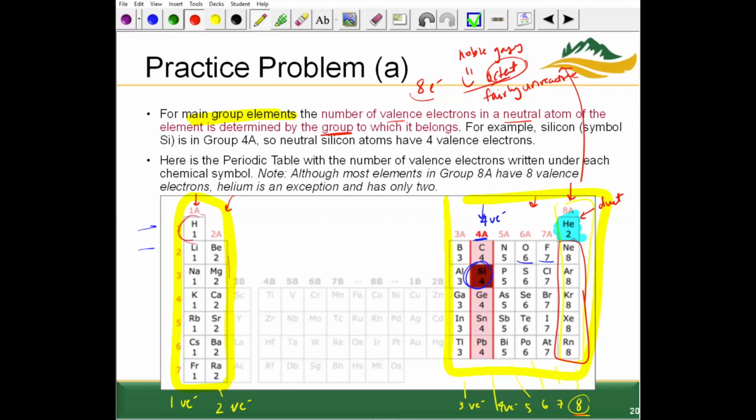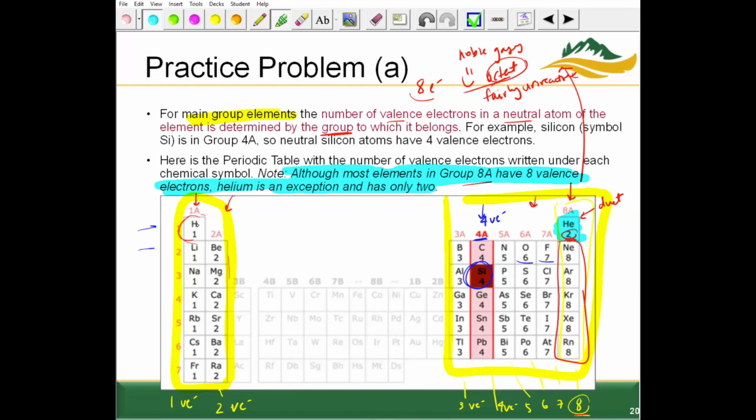So helium is happy with 2 valence electrons in its outermost shell. So watch out for this exception where helium has 2 valence electrons even though it's in group 8A. Really watch out for this example of helium that only has 2 valence electrons, not 8.